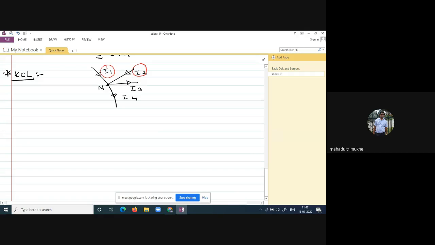Hence this current I1 and I2 we have assumed as positive.